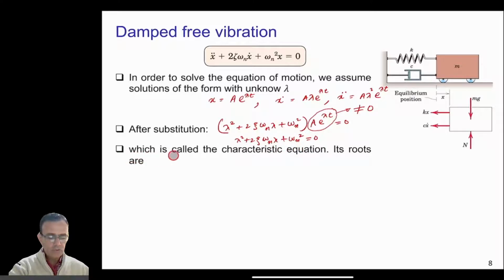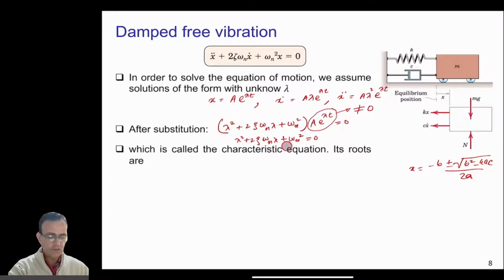Now, because this equation is a quadratic equation, it should have two roots, and we can calculate the roots by using the quadratic formula, minus b plus or minus square root of b square minus 4ac, divided by 2a. You can use this formula to calculate lambda 1 and lambda 2.